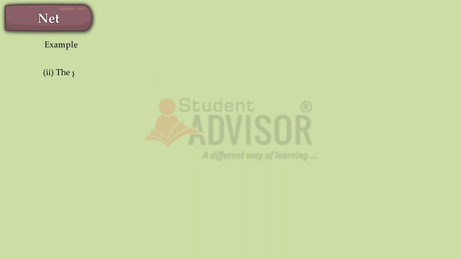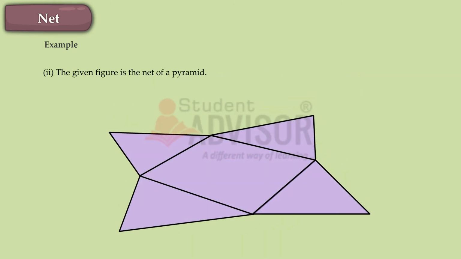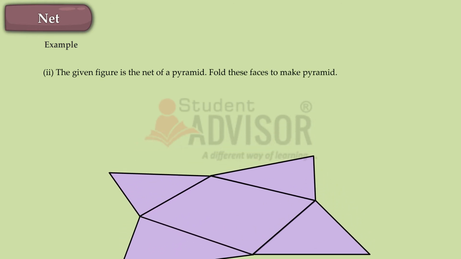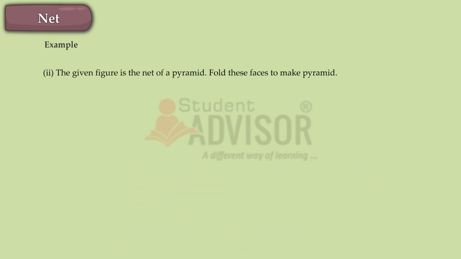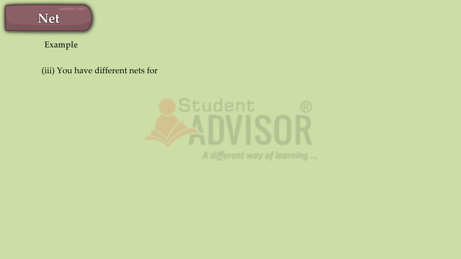The given figure is the net of a pyramid. Fold these faces to make a pyramid. You have different nets for different shapes. Copy enlarged versions of the nets given and try to make the 3D shapes indicated.